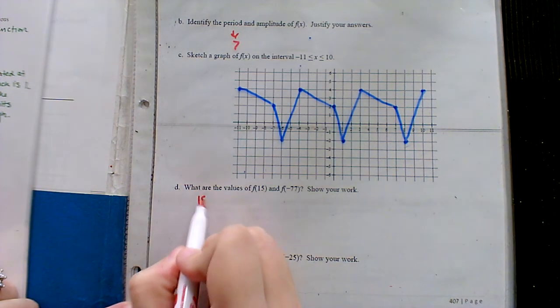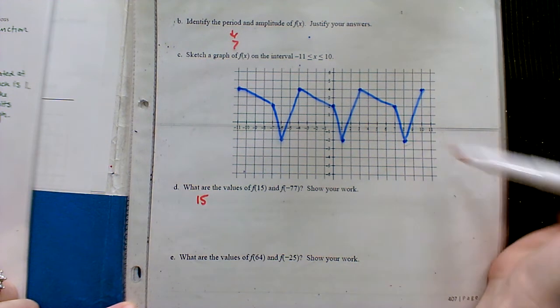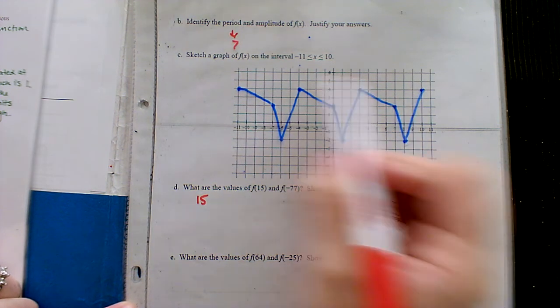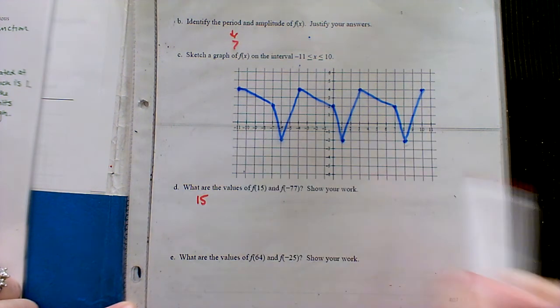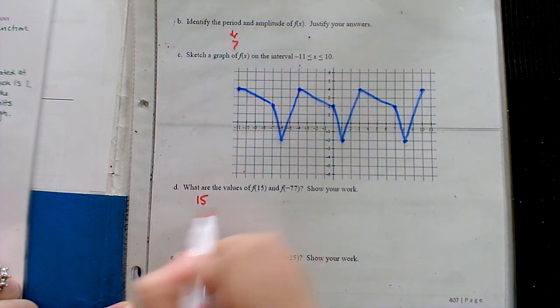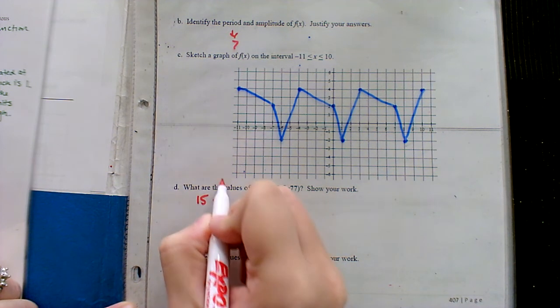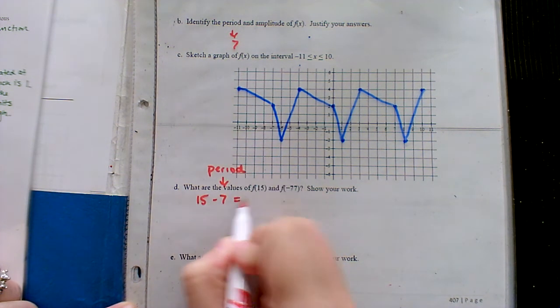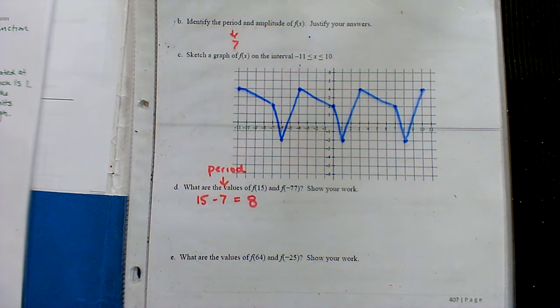So this 15, if it's off of our graph to the right, we need to go backwards a period, or maybe more than one period, so that we land somewhere on the pictured graph that we have. So if we take 15 minus a period, we'll get a value of 8. Very similar to how we found coterminal angles when we were dealing with trig functions.